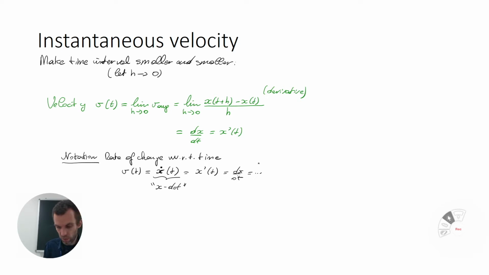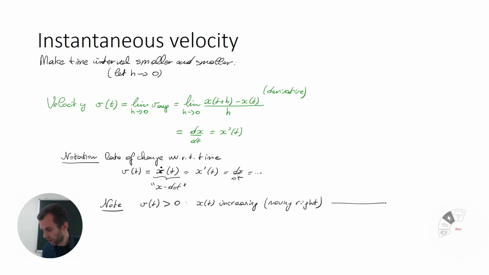And now a couple of things to note, so maybe more convention than anything else, but there are a couple of special cases. If the velocity is bigger than 0, then x of t is increasing and our object is moving to the right.